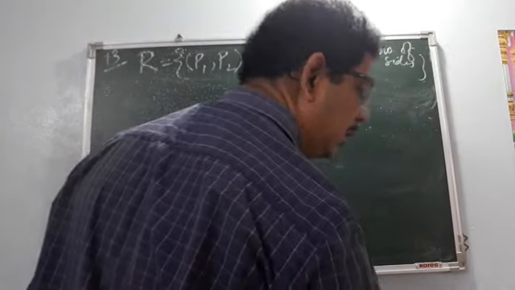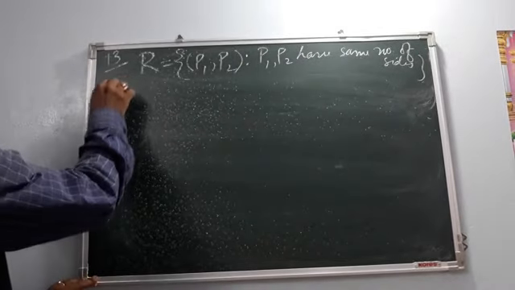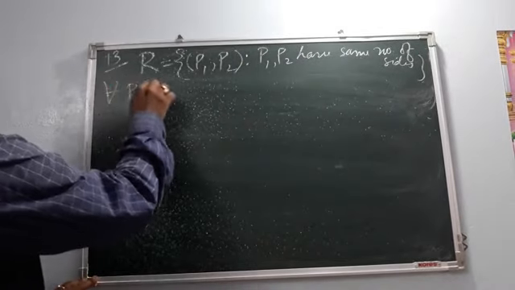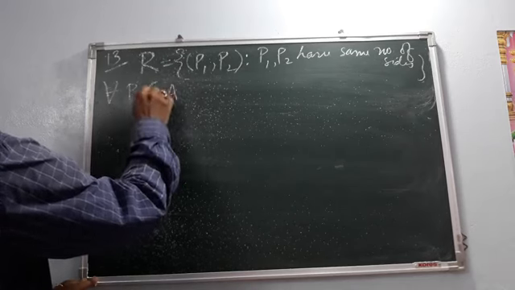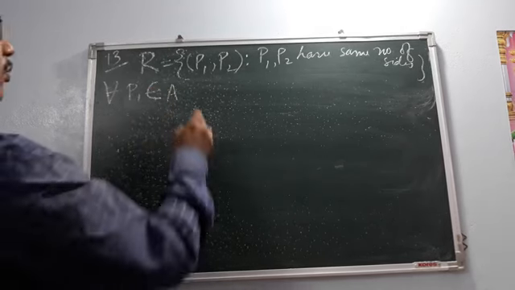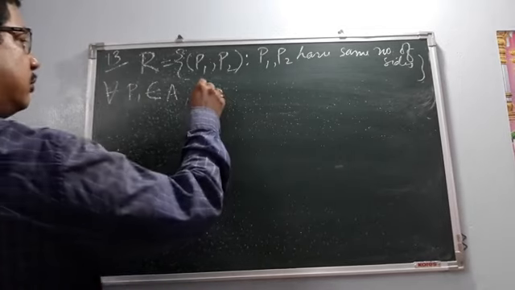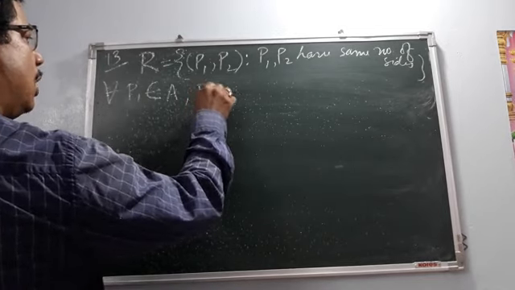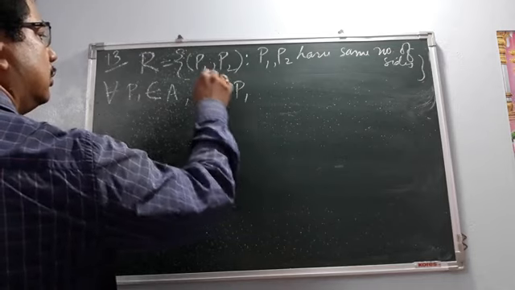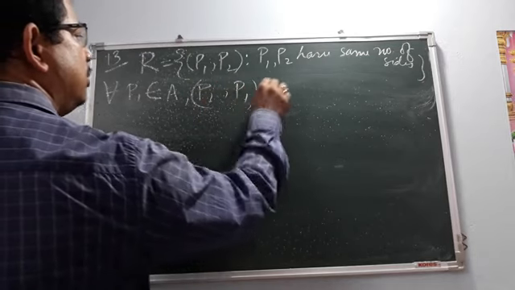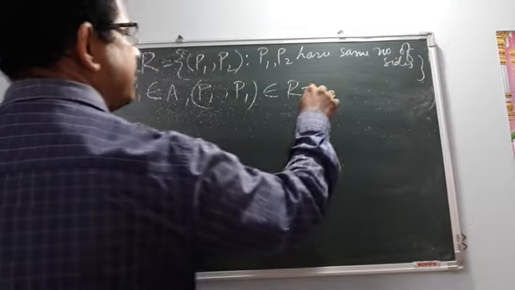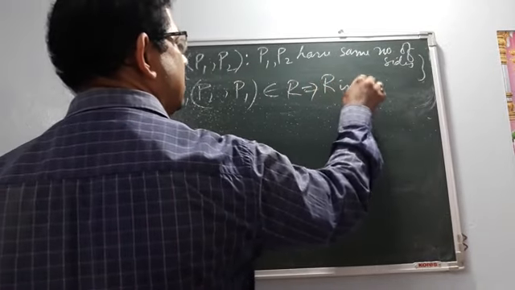Now, for any P1 belongs to A, P1 and P1 have the same number of sides. So (P1, P1) you can take because they have the same number of sides. So R is what? Reflexive.